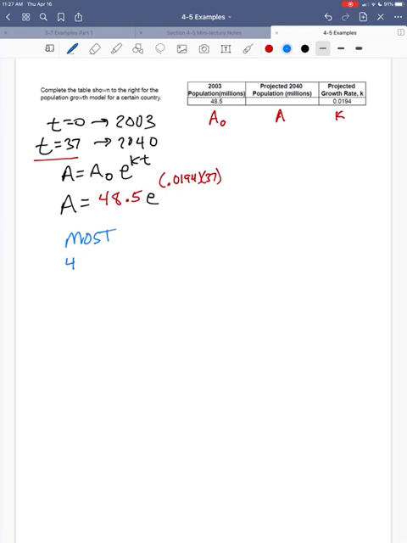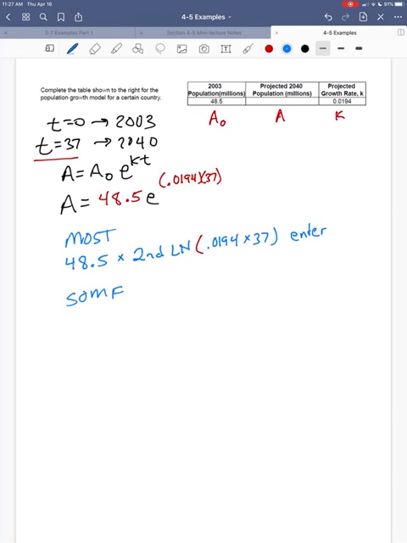We would just do 48.5 times the e to the x button on the calculator. Usually to do e to the x, we have to hit second and natural log. And that's going to open a set of parentheses on most calculators. If it doesn't, you're going to want to open that set of parentheses yourself. Then I'm going to do 0.0194 times 37, and then I can close the parentheses and hit enter. So it pretty much just goes in the way it looks.